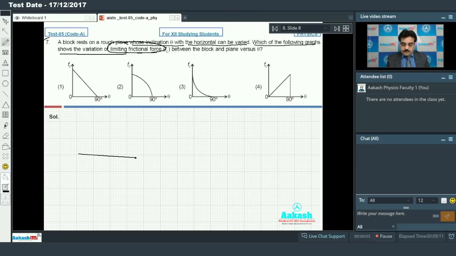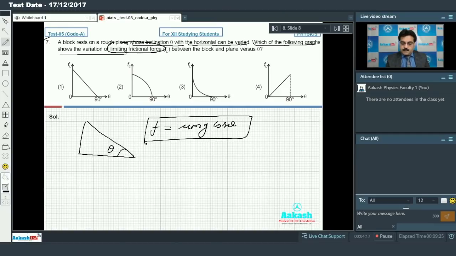In the case of inclination theta, the limiting friction is given by mu m g cos theta, and we know that if theta increases, then value of cos theta will decrease. And on the other hand, we can say the friction force is directly proportional to cos theta.